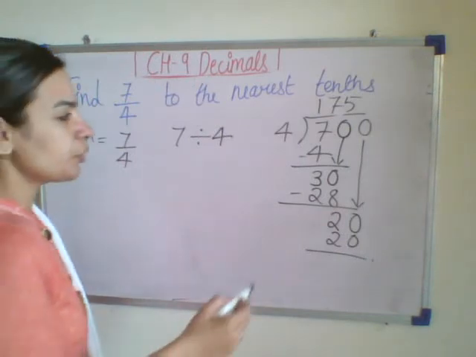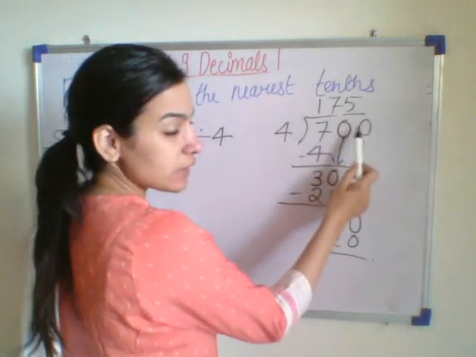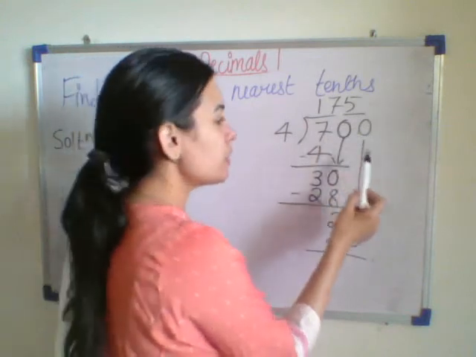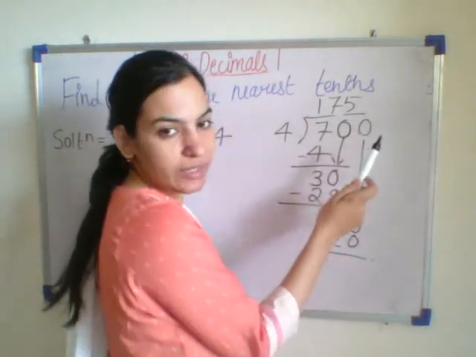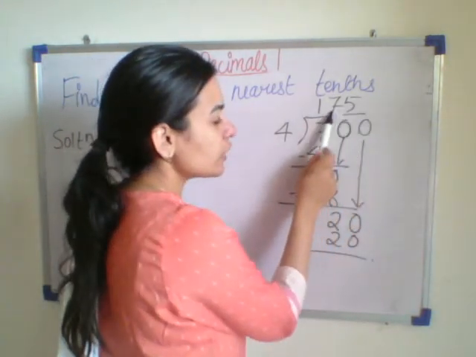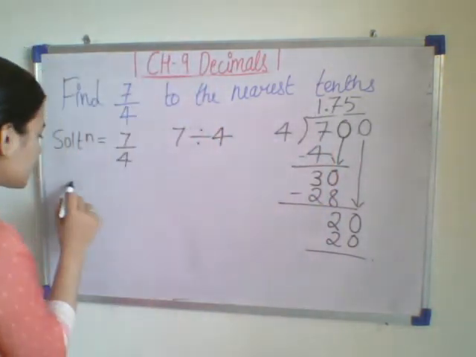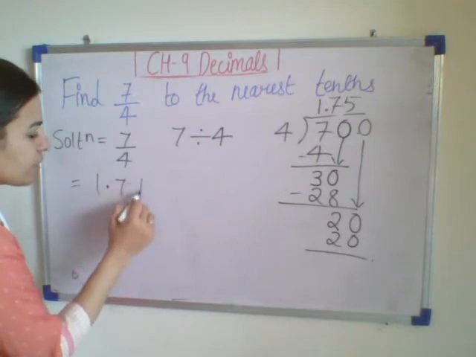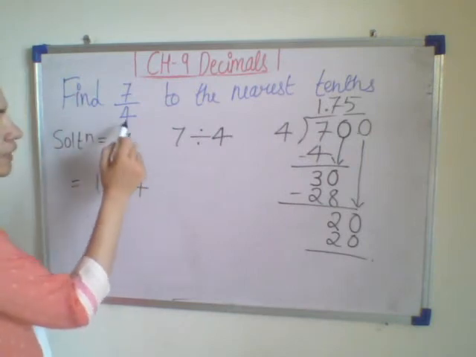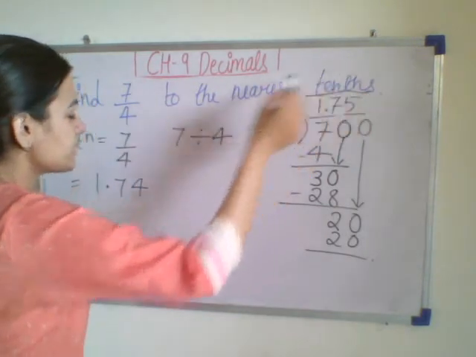So here we have put 2 zeros in our dividend. So after 2 digits we will be putting a decimal, that is 1.75. Now we have to find 7/4 to the nearest tenth.